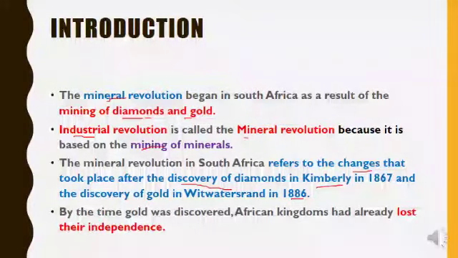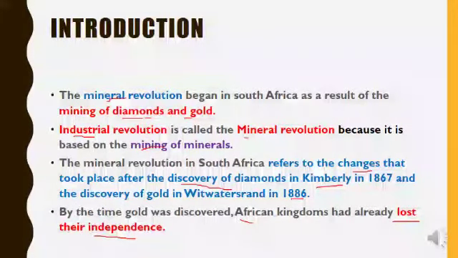By the time gold was discovered, African kingdoms had already lost their independence. So independence means you are not depending on somebody else. You have your freedom, you do whatever you like. So the African kingdoms were not independent. It means they had lost the right to control their land or to control their country.